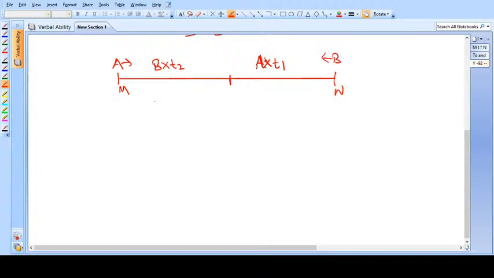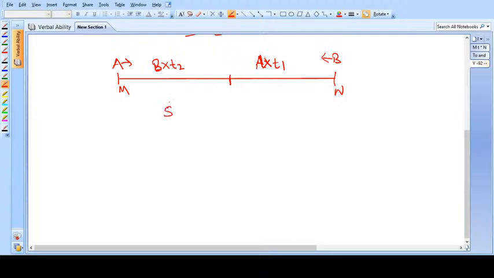Let's take it here as B into T2 was there, right?